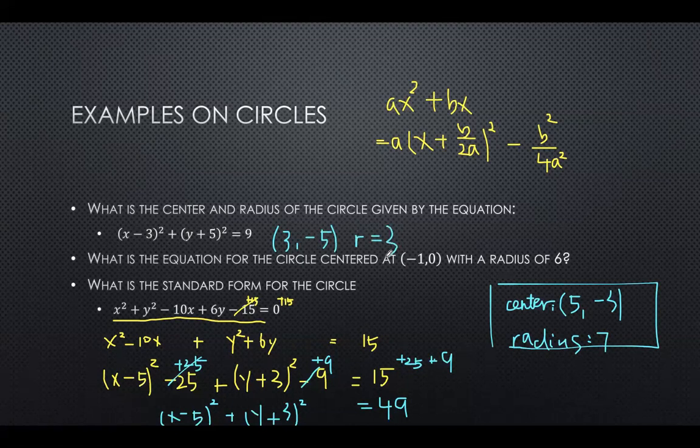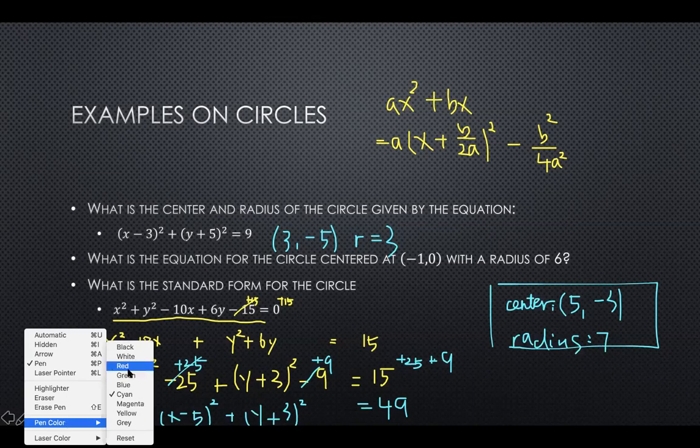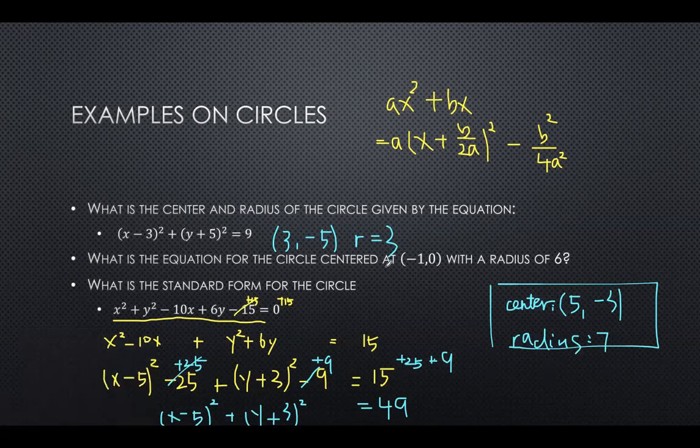Okay. As for the second one, you have the information of the center and the radius, and you want to have the equation. So you just work it backward. Right?